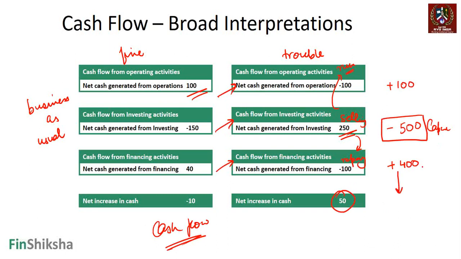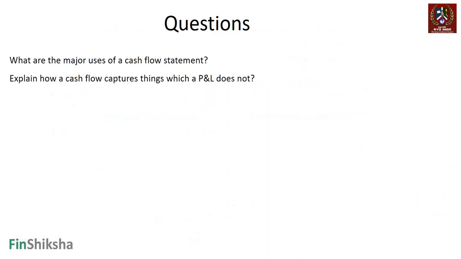But in this case, they seem to be funding the bulk of the capex, 80% of this 500, from debt. Now that could increase the loan burden significantly for the company. So sometimes just these three line items give us a fair idea about what's happening with the company. When you're looking at a company's statements, just put these three line items together and try to understand what is happening with the company in terms of cash flows, right?